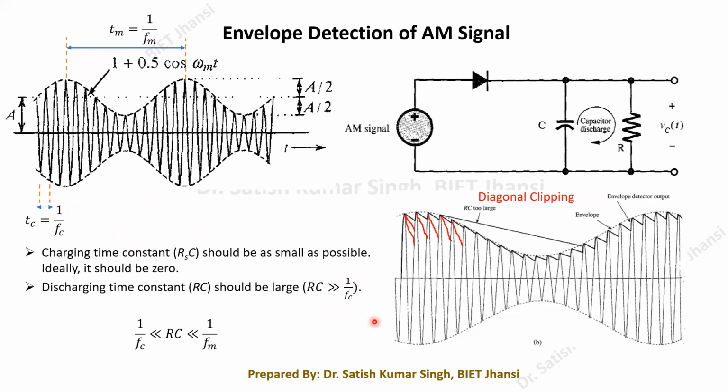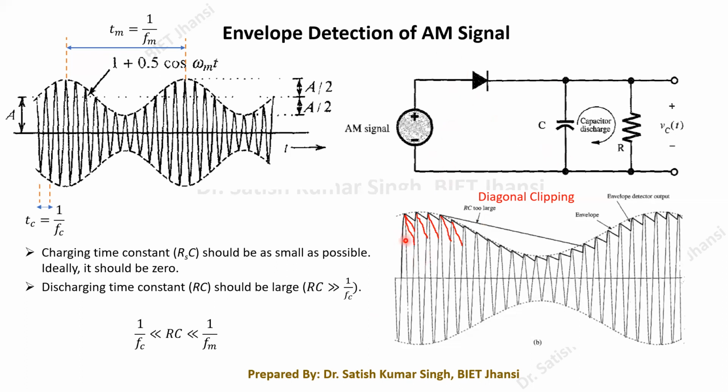Now, what do we know about how the charging or discharging time constant is defined? For one time constant, whatever its maximum value, only 36.78% of it will remain.